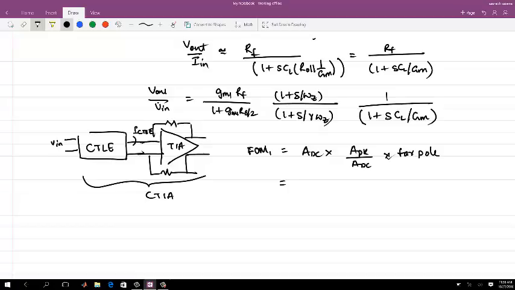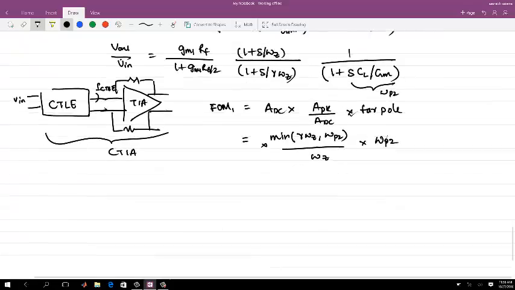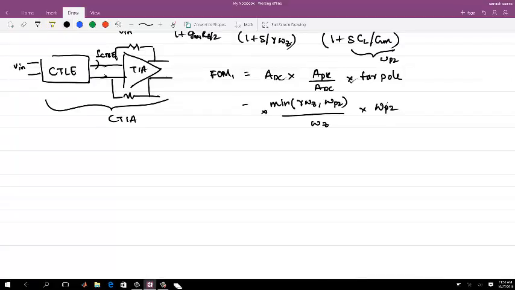So what I have now, this one is the minimum of your gamma omega Z, and the second pole omega P2 coming from here, and omega P2 by omega Z into the far off pole. Let me just say this is omega P2, this is ADC, sorry, you have ADC missing here.